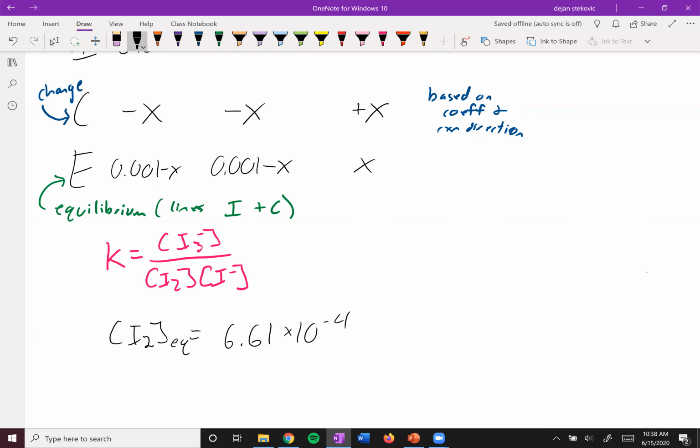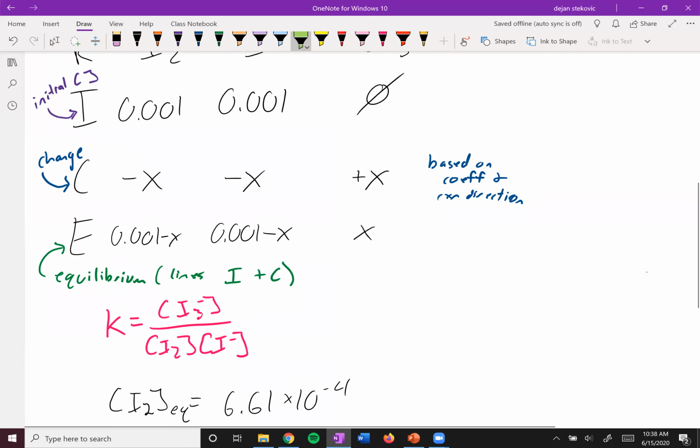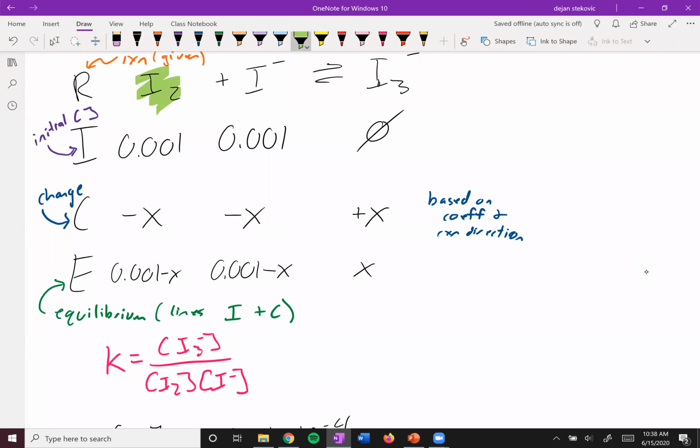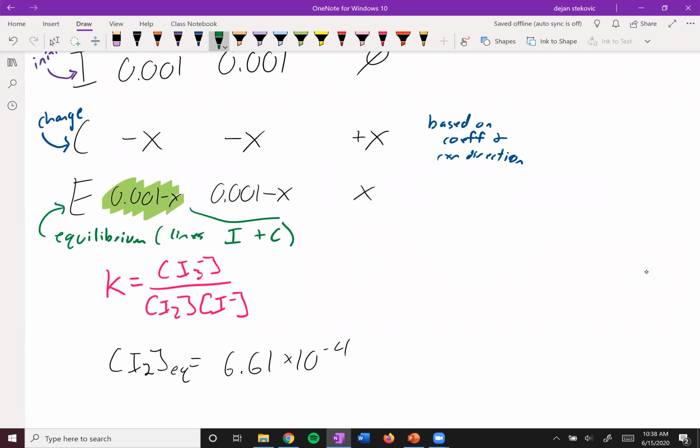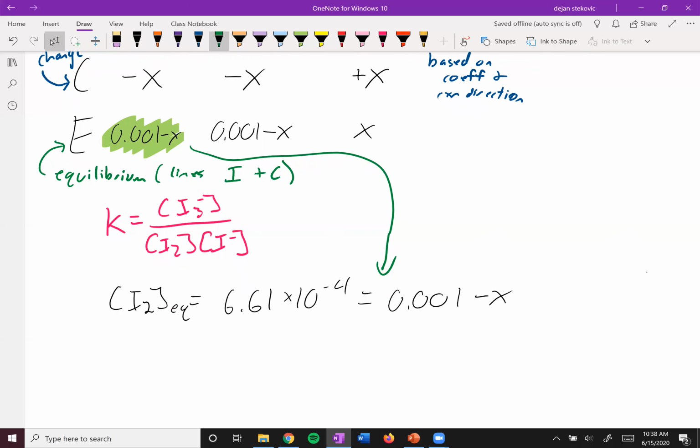So we know that piece of data, but the other thing that we also know is that our concentration of I2, which is right here, at equilibrium is also equal to 0.001 minus x. And so we can also write that I2 is equal to that as well. And now we can solve for x.